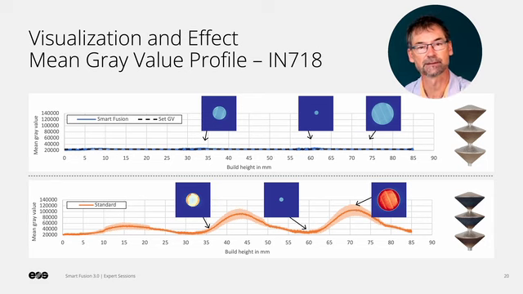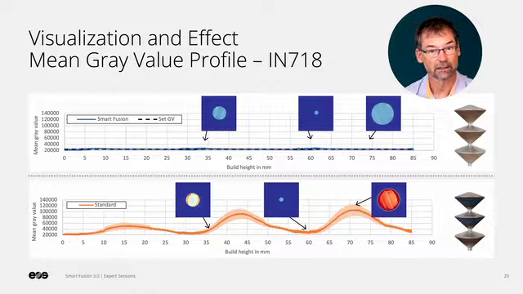On this slide we can see the OT signal of the part with Smart Fusion on the upper graph and the part without Smart Fusion on the lower graph. To generate the image within OT, filtered camera frames are integrated from the 900 nanometer spectrum. This generates a heat map as an image of every layer. As you can see, the signals distinguish themselves a lot.